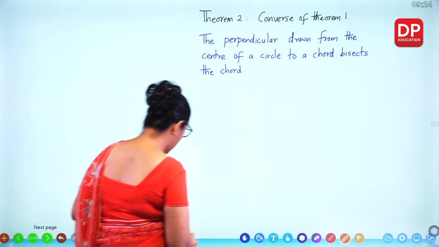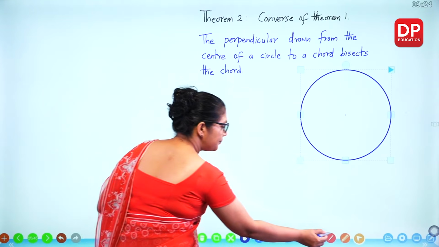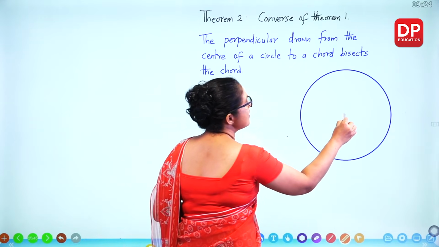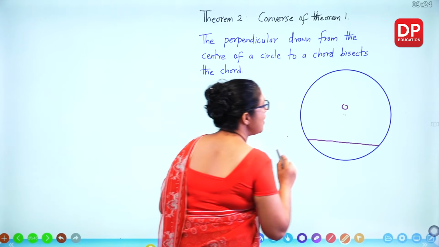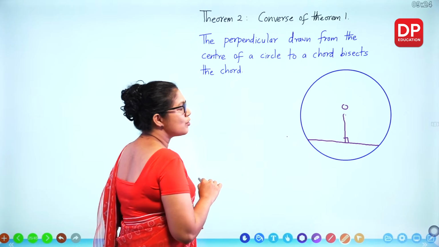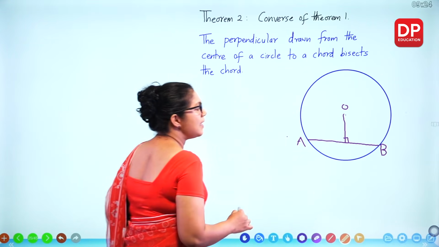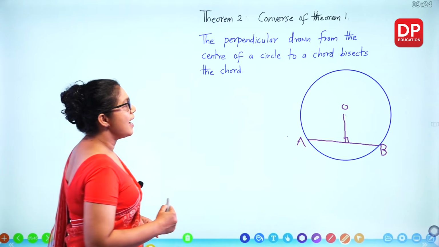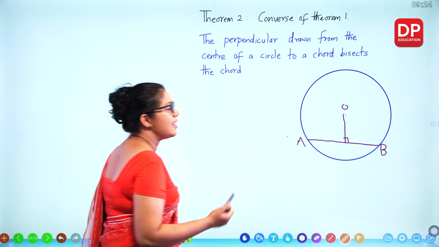So here I'll take a circle. So what does it say here? It says the center is O and there's a chord, and when you draw the perpendicular to the chord, we'll take this one as AB, this is the perpendicular, that's a 90-degree angle, and we have to check whether these two lengths are equal.